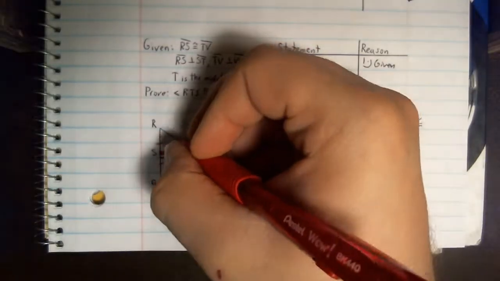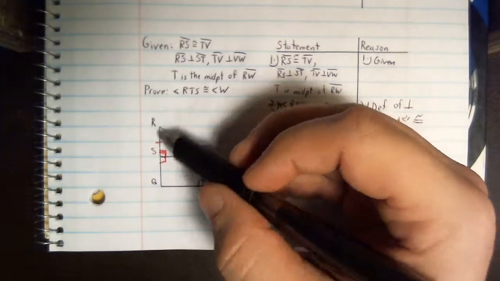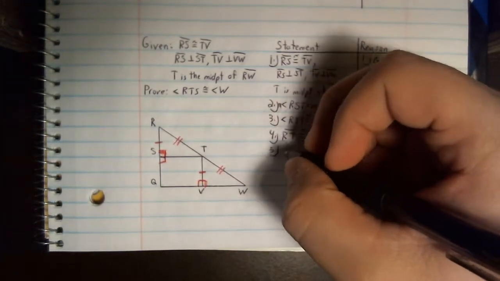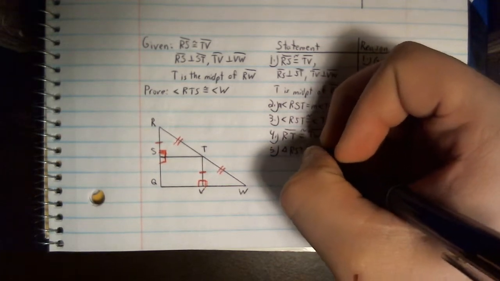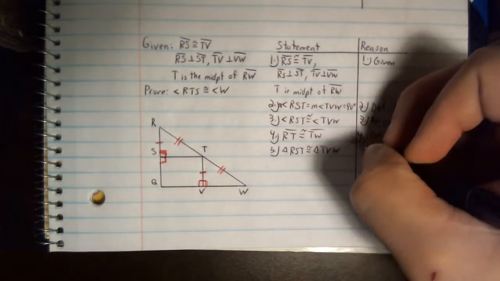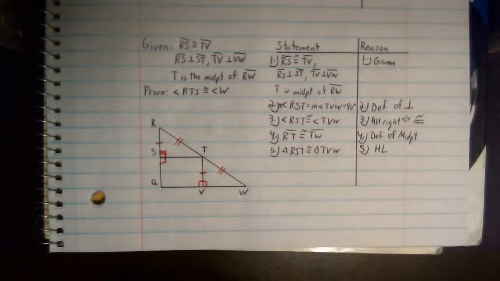We can mark that. And now I have these smaller triangles congruent through hypotenuse leg. So I can say that triangle RST is congruent to triangle TVW through hypotenuse leg.